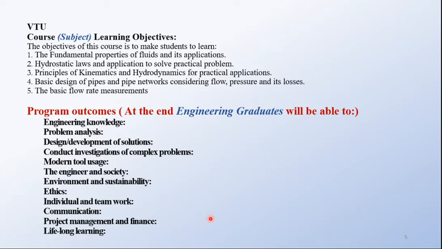So: engineering knowledge, problem analysis, design and development of solutions, conduct investigations of complex problems, modern tool usage, the engineer and society, environment and sustainability, ethics, individual and teamwork, communication, project management and finance, and lifelong learning. So these are the long-term objectives one should be able to achieve by the end of graduation.